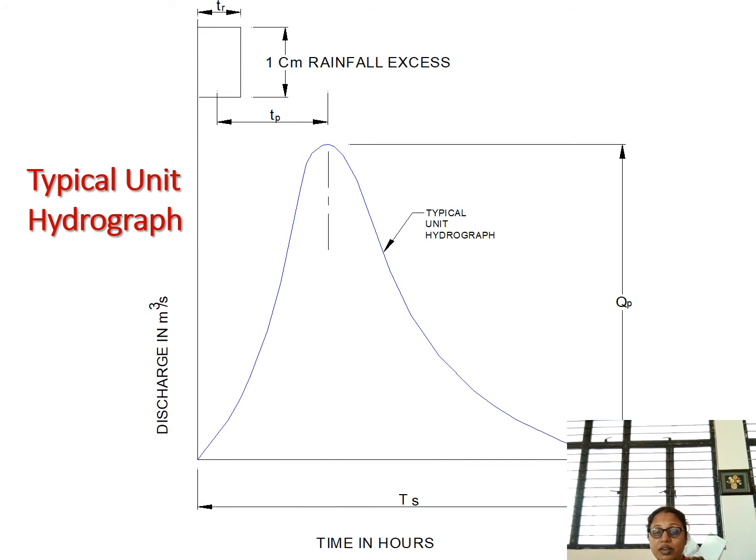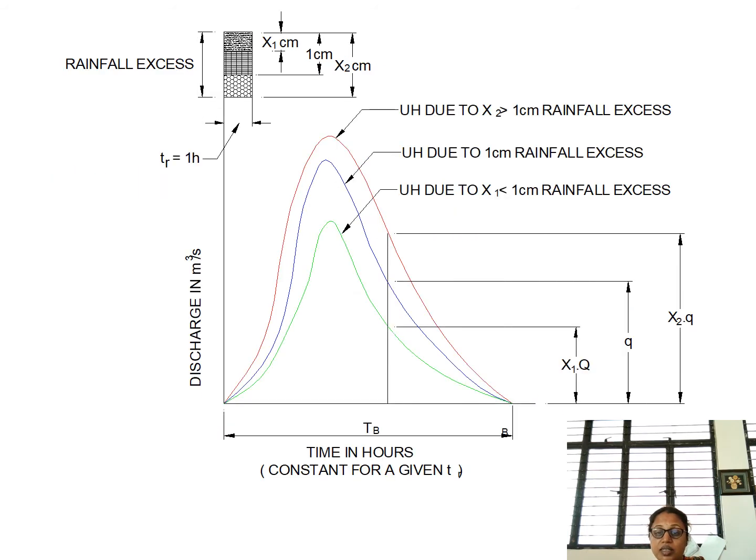And this is a typical unit hydrograph plotted with the time in hours on the x-axis and discharge on the y-axis. Here we can find out the unit hydrograph due to 1 centimeter rainfall excess and less than 1 centimeter rainfall excess.